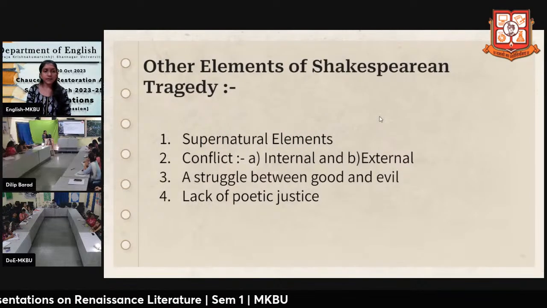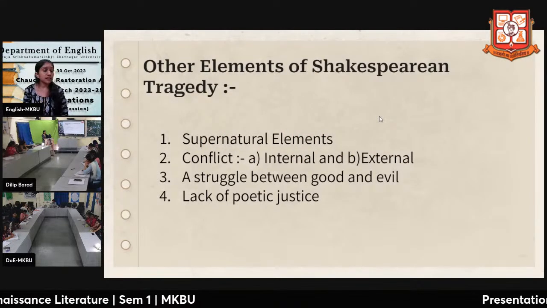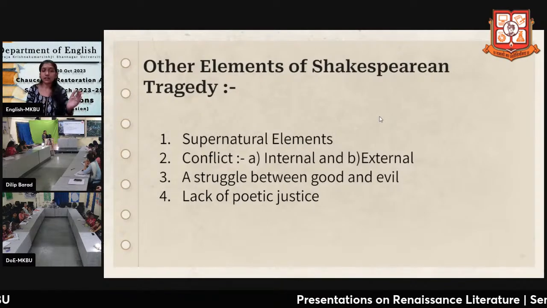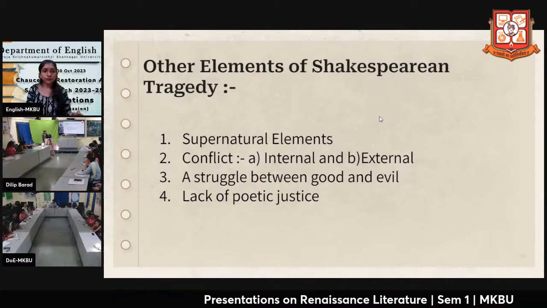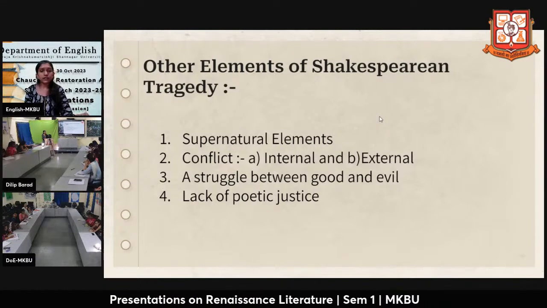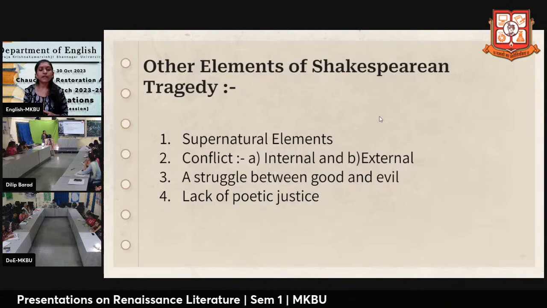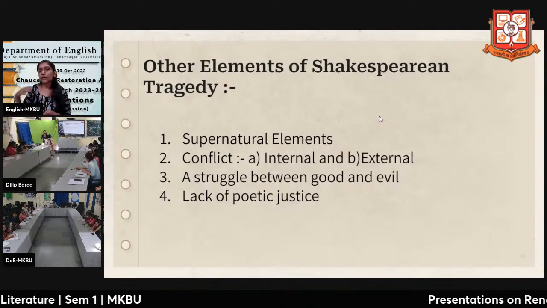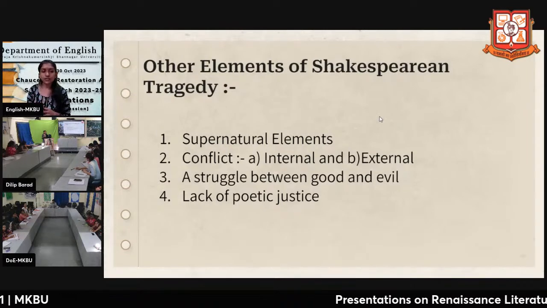The other elements of Shakespearean tragedy, the hamartia of the tragic hero and catharsis, are the Aristotelian concept of tragedy. And in Shakespearean tragedy, we can also find supernatural elements like the three witches.